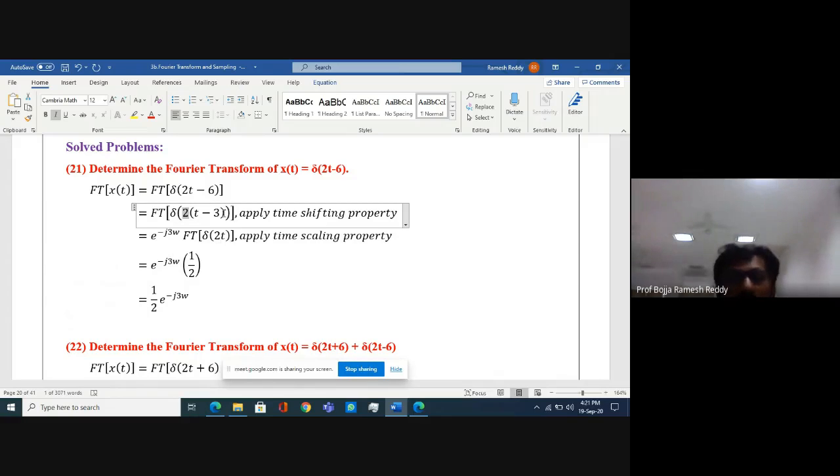Because of time scaling by 2, it will become 1 by 2. Because of shifting t minus 3, it will become e power minus j3 omega.